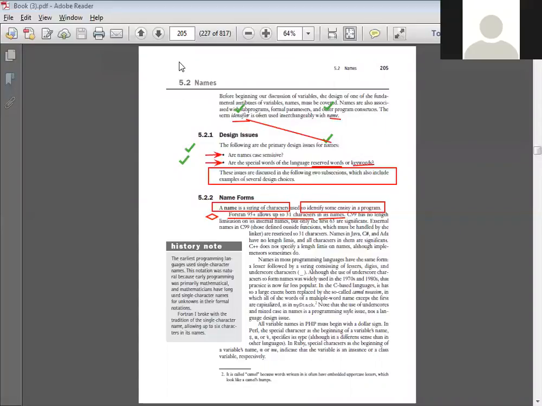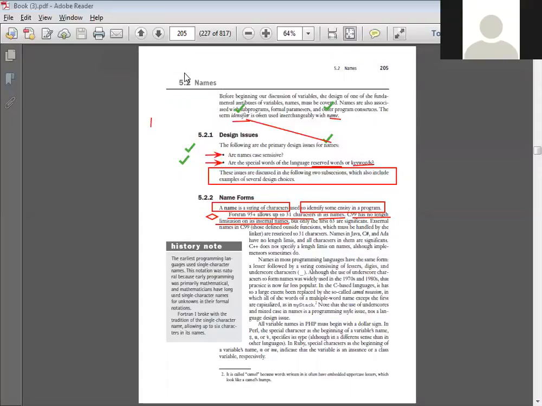C99 is a language as well. C99 will allow me to have as many characters as I wish because it does not have any limitations on its internal names. Internal means to be inside. So let me just write this here for you.